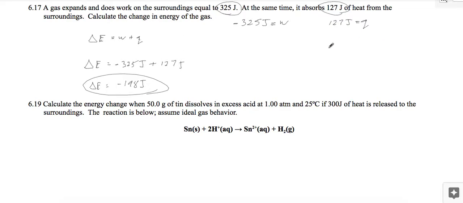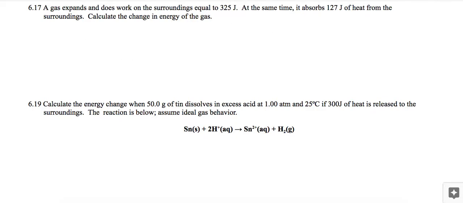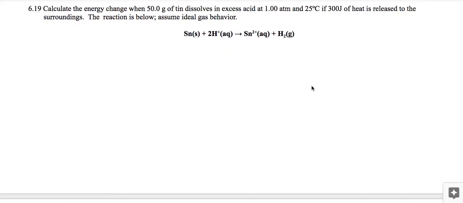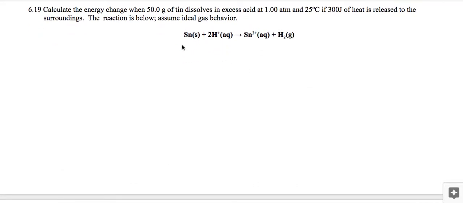Okay, now we get into a little bit more of a complicated one, similar to the problem that we did on October 17th, that there is a separate video for. So let's see what we can do here. We have a reaction in which tin is reacted with an acid.